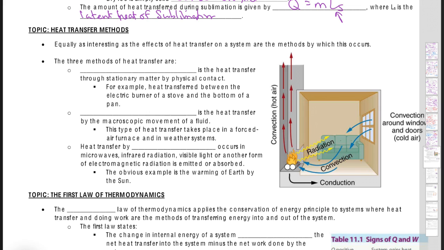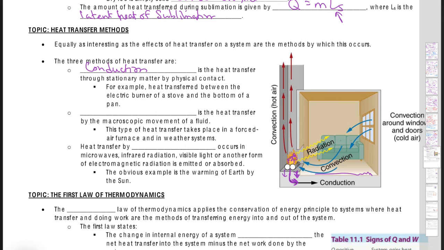And there's three methods. The first one is what we call conduction. Conduction is the heat transfer through stationary matter by physical contact. If you look at our picture, as our flame is going here, it's touching this surface, and so that's going to transfer the energy from the fire in the fireplace to this material.